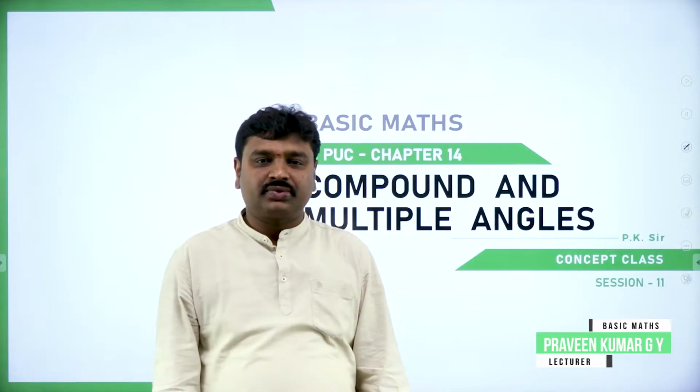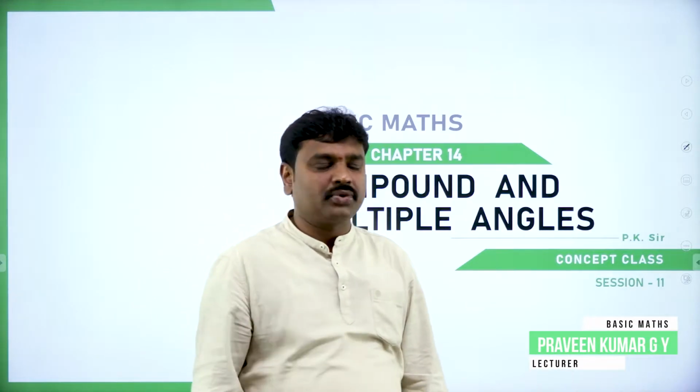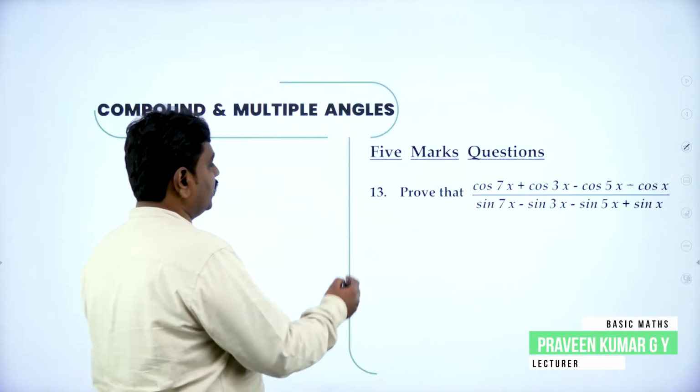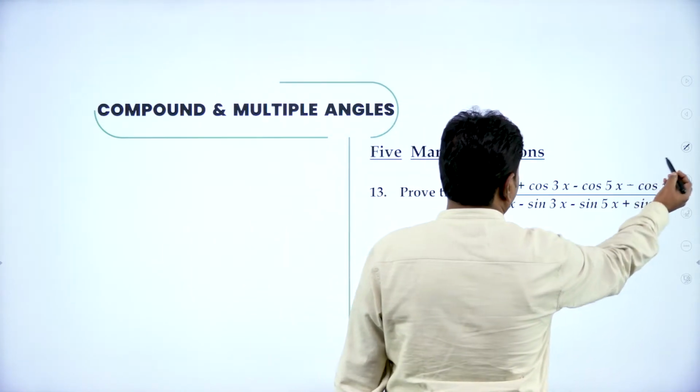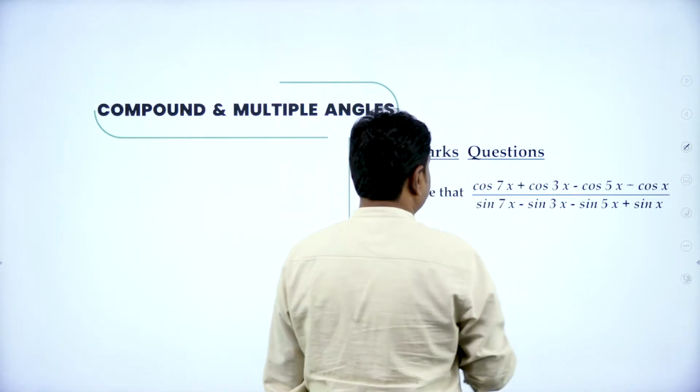Welcome to the session, dear students. Today we will go ahead with the problems of compound angles. See here, they want you to prove that this is cot 2x. So now we'll start with the LHS.